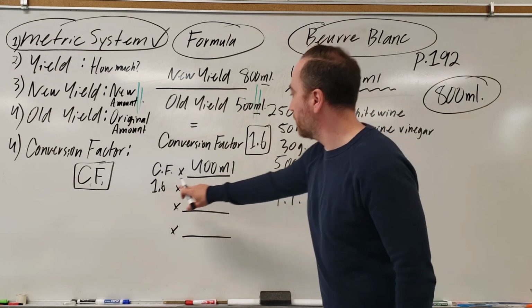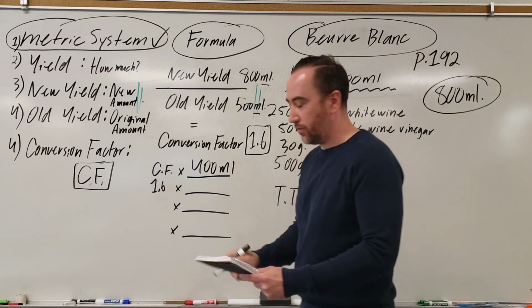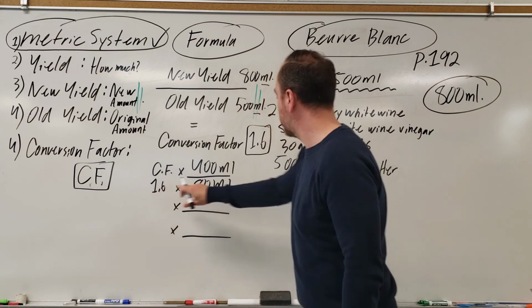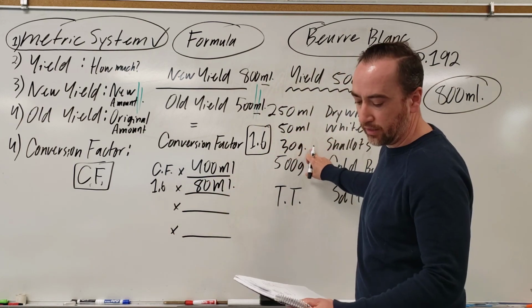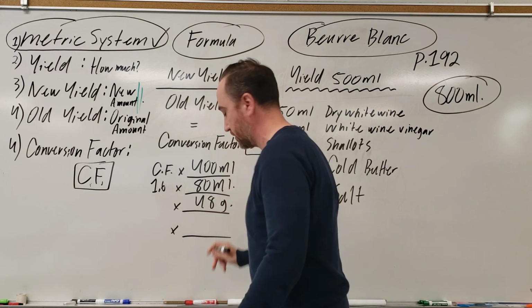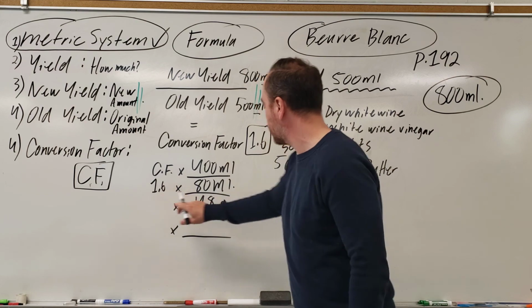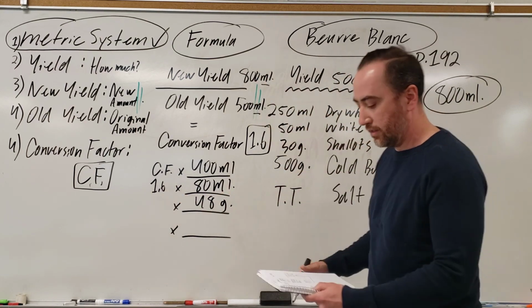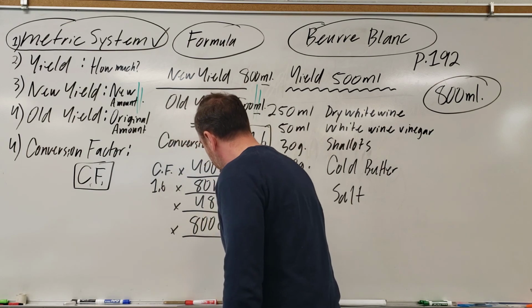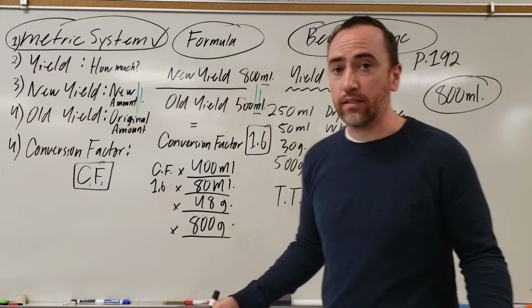Next one, 1.6 times 50, which gives you 80. 1.6 times 30, which gives you 48. 48 what? Grams. And then the butter, 1.6 times 500 is going to give you 800 grams of butter. Okay? That's great.